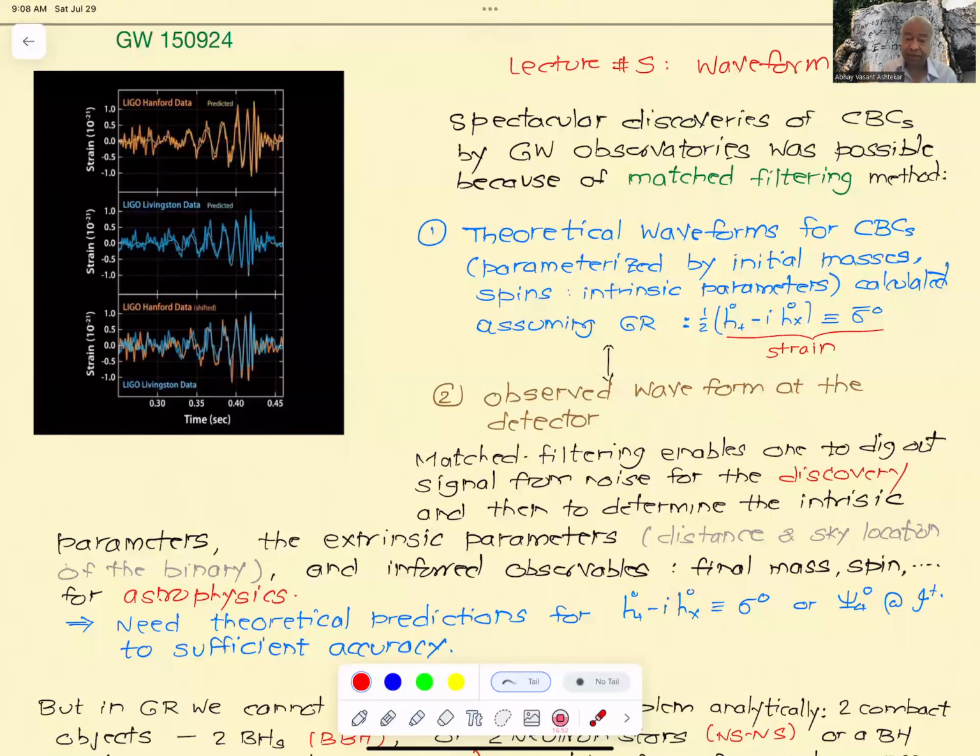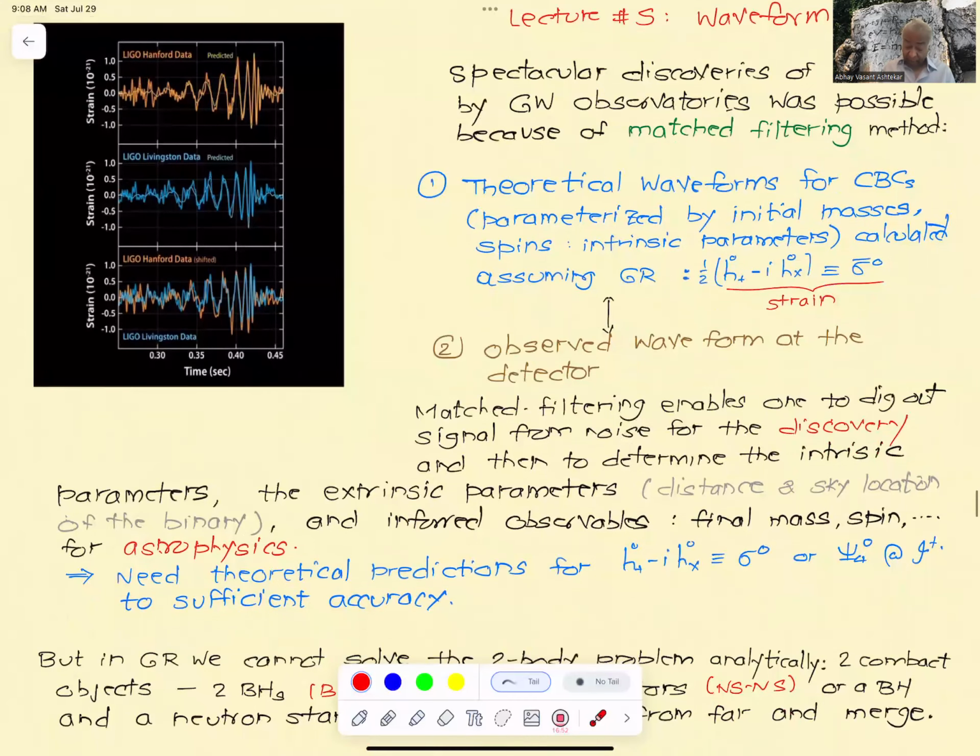So for that particular space-time, what was the derivative operator D on scri? That is what is being measured here. And now what one does is one has the theoretical waveforms, and then, as I said, we have the observed waveforms of the detector, and the matched filtering enables us to dig the signal from the noise for the discovery, and then to determine the intrinsic parameters as well.